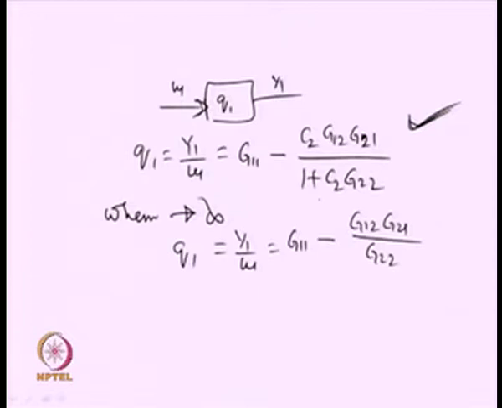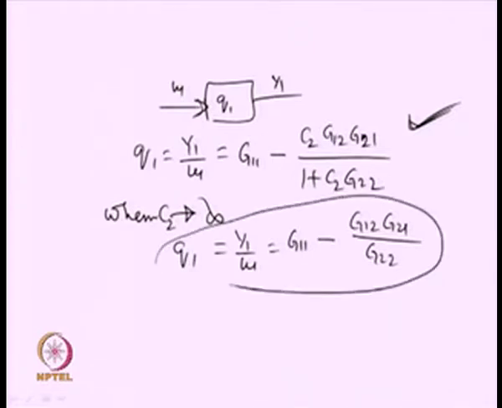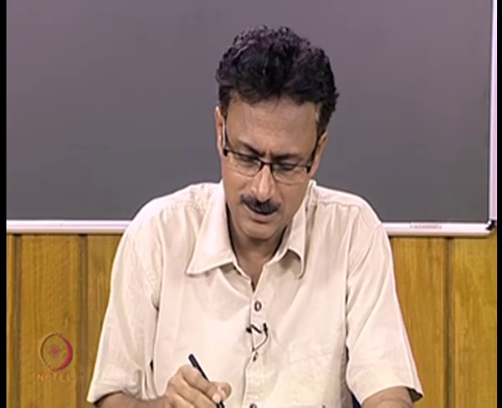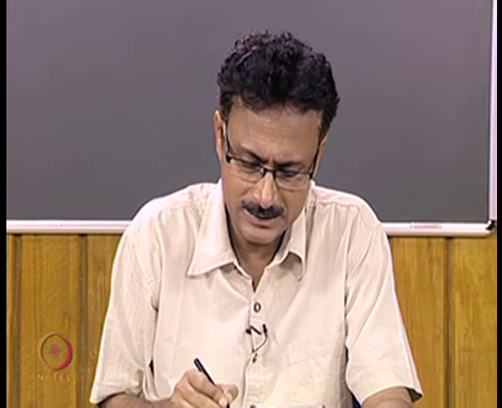Okay. When C2 is a large number, then Q1 can be expressed in this form, and basically the loop interaction has gone out. I can say that when C2 tends to infinity, we have been able to overcome the loop interactions between the two loops, or the loop interactions have been reduced substantially, so that relay tests can conveniently be conducted, and the parameters of the two transfer function models can be identified.